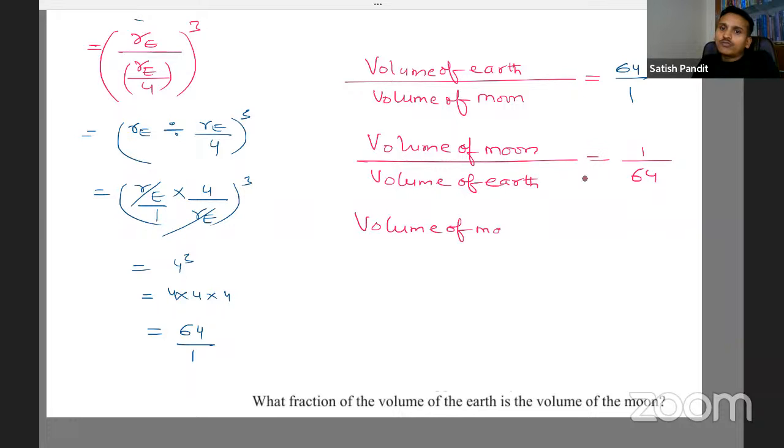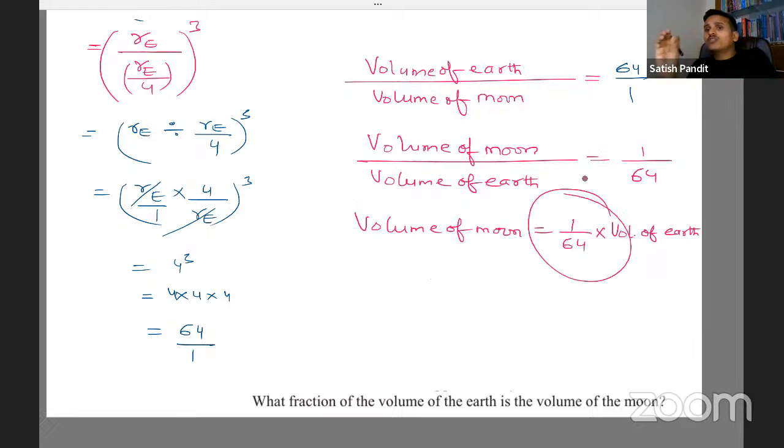Volume of moon will be equal to, take this to the right side, 1 by 64 into volume of earth. So volume of moon is 1 by 64th fraction of the volume of the earth. You can say like that.